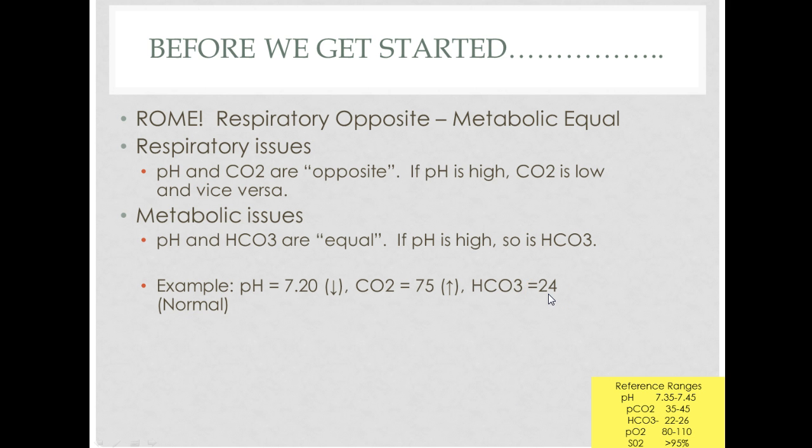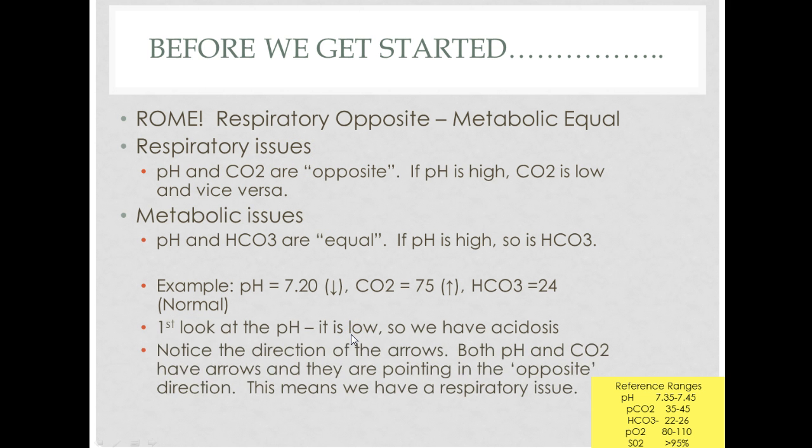We don't need an arrow, it's in the reference range. If we look at our CO2 and our pH, we can see the arrows are pointing in opposite directions. And if we look above, when it comes to pH and CO2, if they're opposite, it's a respiratory issue. This person would then have respiratory acidosis.